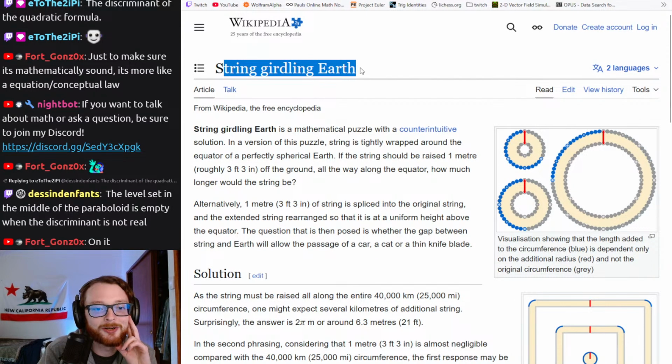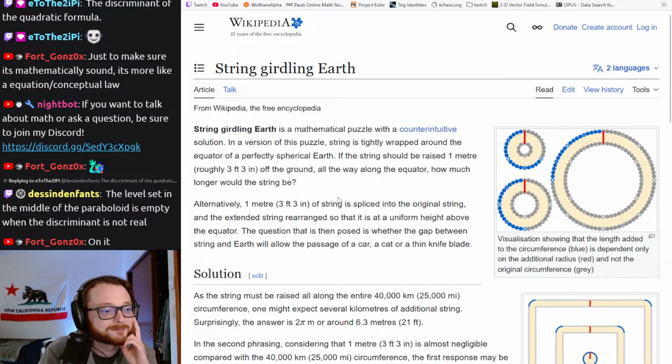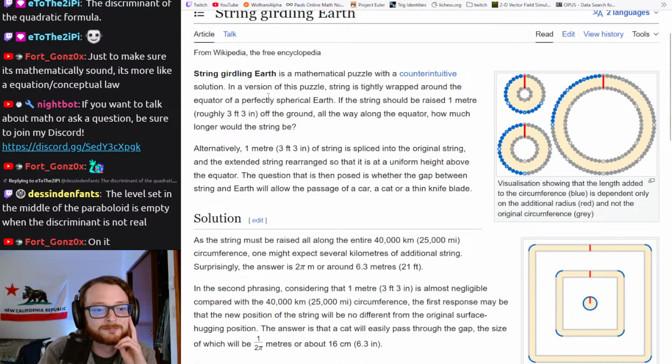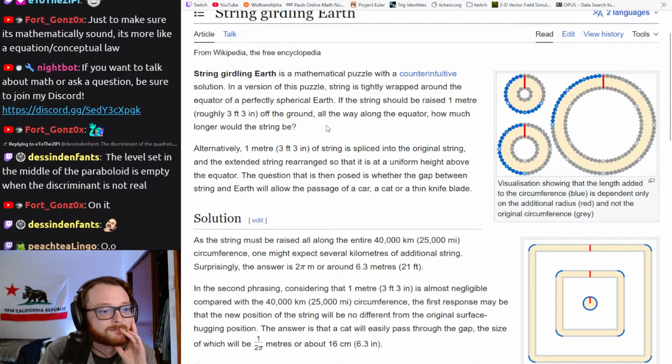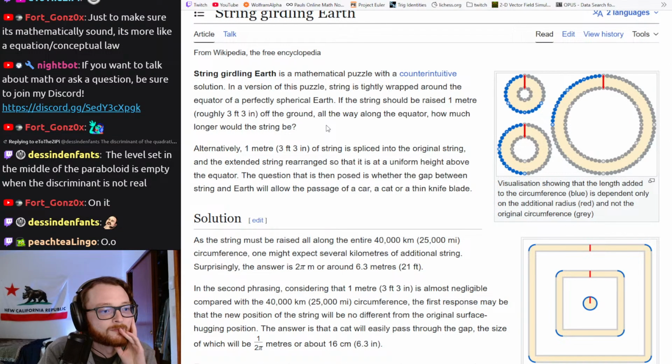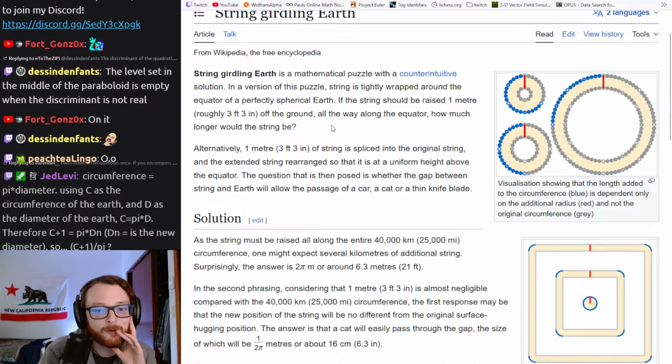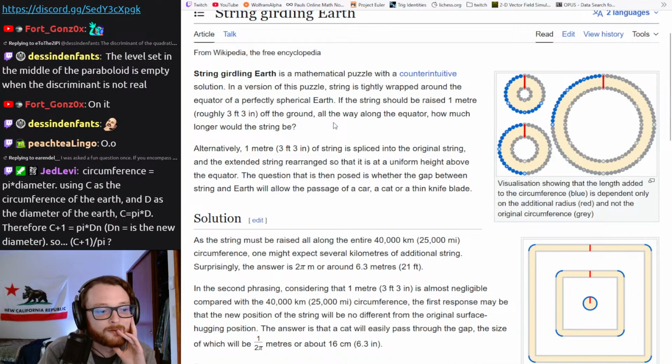String girdling Earth. Oh wait, this is the reverse of the question, isn't it? This is saying we're increasing the gap and asking what the circumference is.